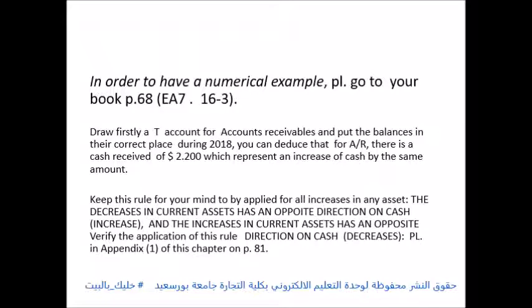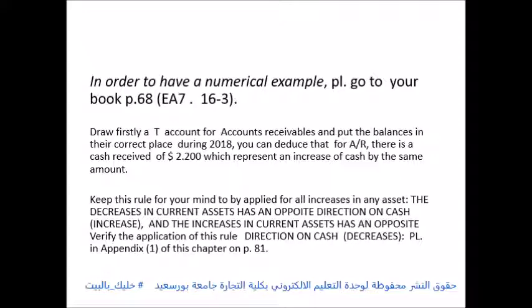That means what? Keep this rule in your mind. Increases in current assets have an opposite direction on cash balance, and decreases in current assets likewise have an opposite direction on cash.